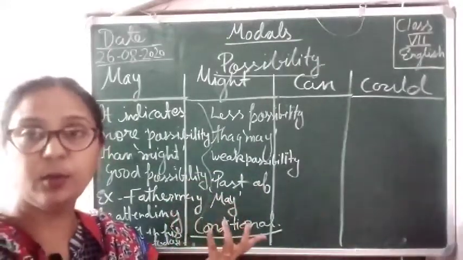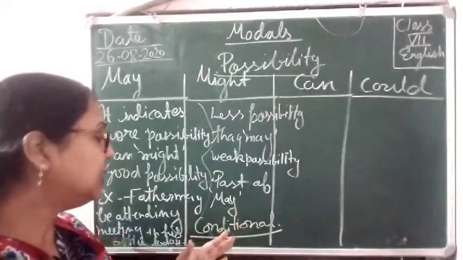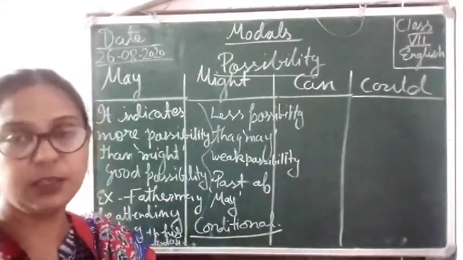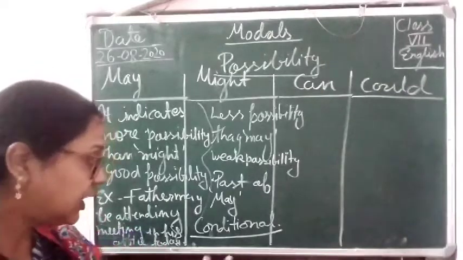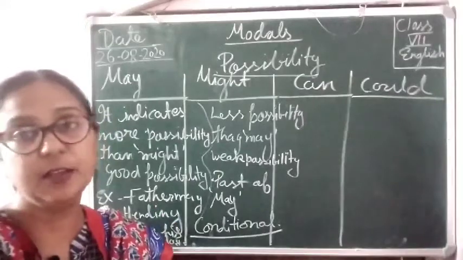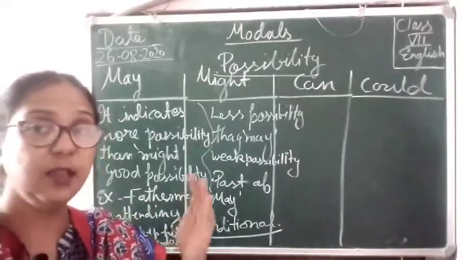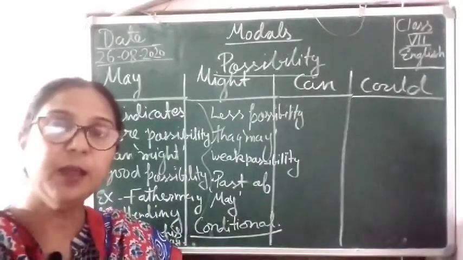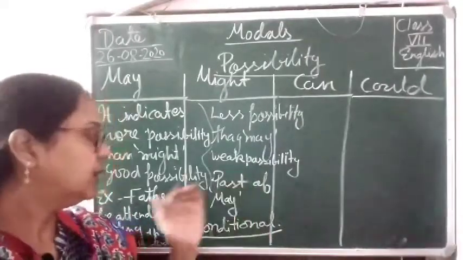And sometimes it is used when we have to express possibility or conditions. When the sentence is showing a condition, if this will be there, so it will be done, that time we can use might.